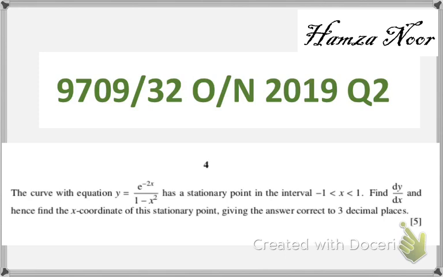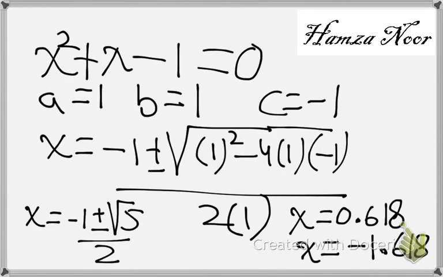So this means 0.618 lies between the interval minus 1 and 1, but minus 1.618 does not lie in this interval, so minus 1.618 will be rejected, and this will be your only answer. So the answer is x is equal to 0.618 only, and you don't need to waste your time on finding the corresponding y coordinate. Thank you for watching.